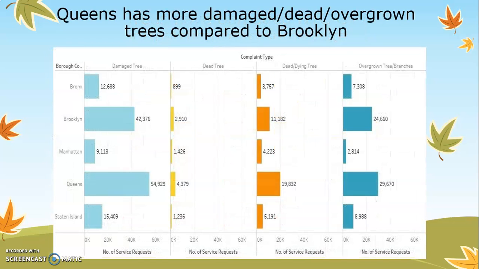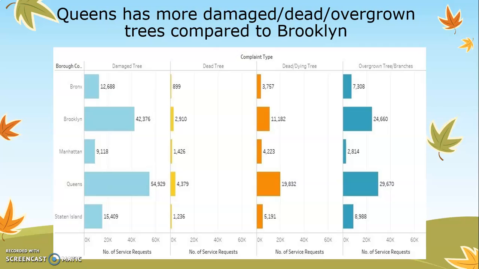The next slide talks about damaged trees, overgrown trees, and even dead trees. It helped us to determine that Queens has the highest number of trees, followed by Brooklyn. The following facts were also uncovered by the dataset.